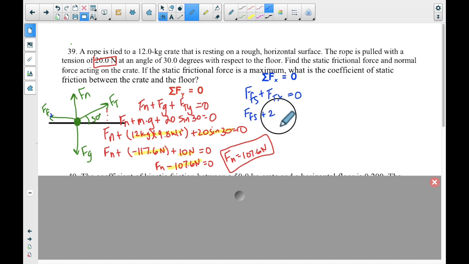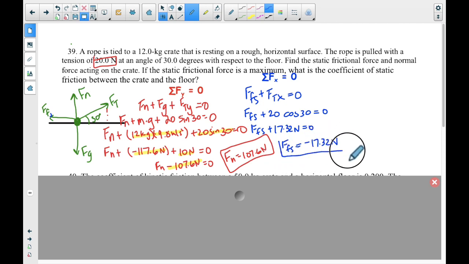So it's 20 times the cosine of 30. Okay, we go to our calculator, and 20 cosine 30 is 17.32. The force of static friction is a negative 17.32 newtons. I'm just going to check my sign real quick. I'm going to go back to my free body diagram. It's pointing to the left, so I'm okay with that being negative. That makes sense to me.